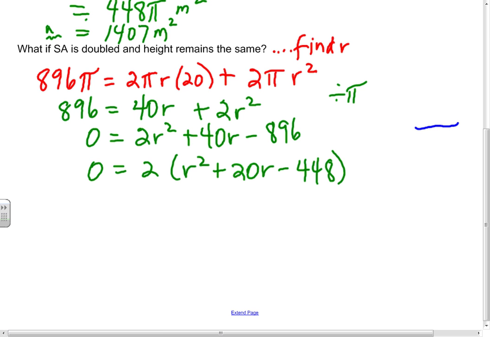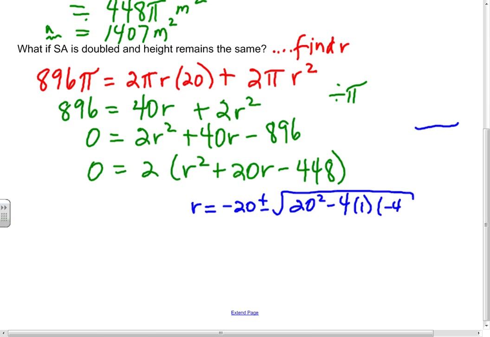I took a minute and tried, and I did come up with some nice factors. So we're going to be lazy, and we're going to look at answers for r by using the quadratic formula. So to solve for r would be negative b, which is negative 20, plus or minus the square root of 20 squared minus 4 times a, which is invisible 1, times c, which is minus 448 over 2a.